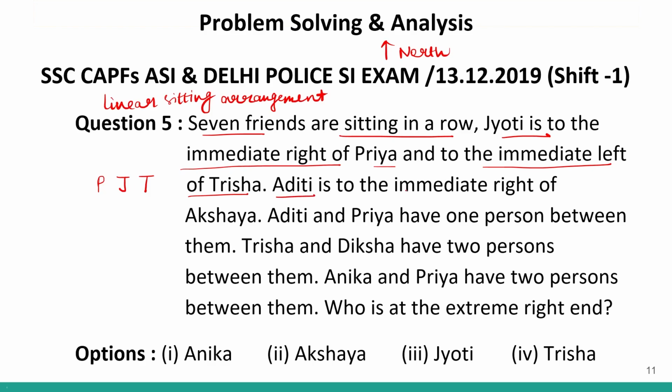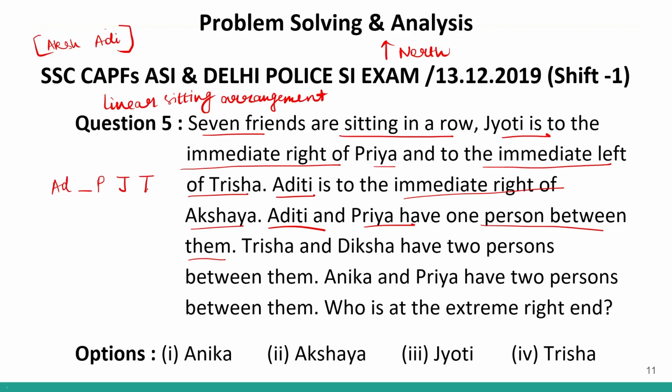Now, Aditi is to the immediate right of Akshaya. We don't know where to place them because their relationship with Priya, Jyoti and Trisha is not given. So we will keep this information aside for a while until we find a place. Now, Aditi and Priya have one person between them. So Aditi will definitely be over here.